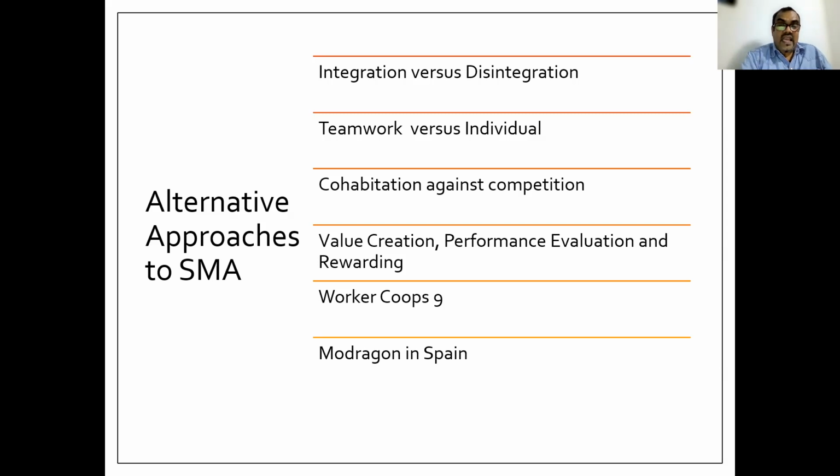This is an inherent characteristic of this dominant model. Because of that reason, other alternative approaches are not discussed. We discuss only competition and value creation, and where individuals can create value, and whoever is highlighted and whoever has power in the organization is rewarded accordingly.